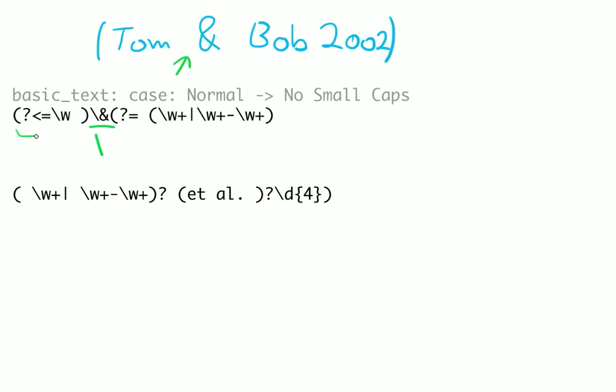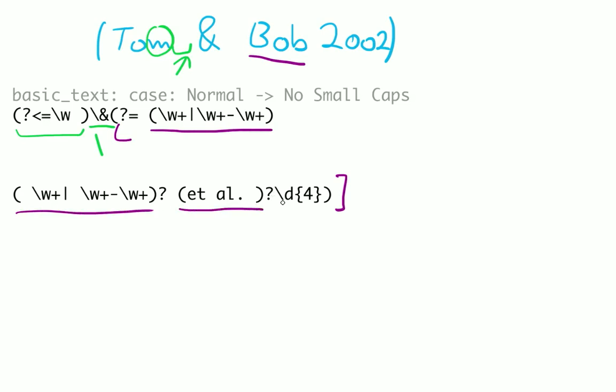We use a look before to look for one letter from the word, in this case the M, and one space. Then we are using the look behind to look for at least one word. This would be Bob right here. And there might be additional words, and also there might be an et al.